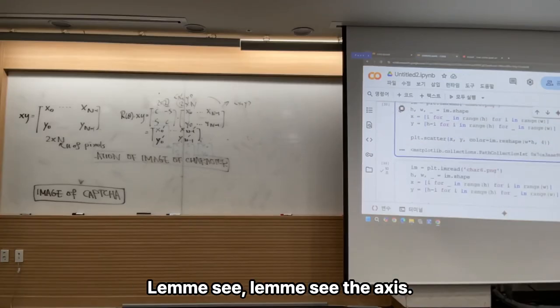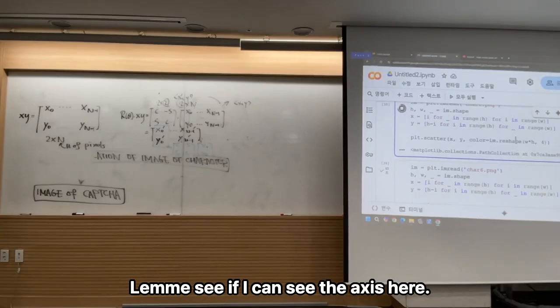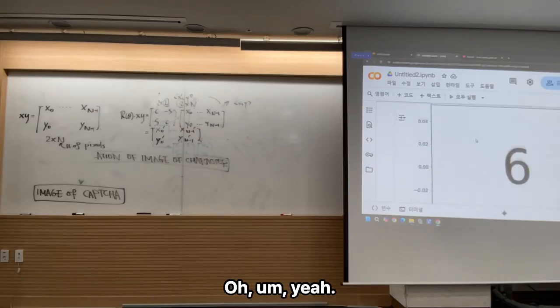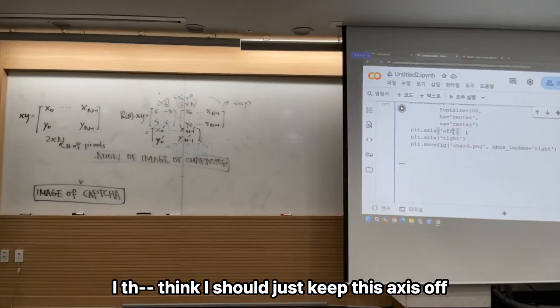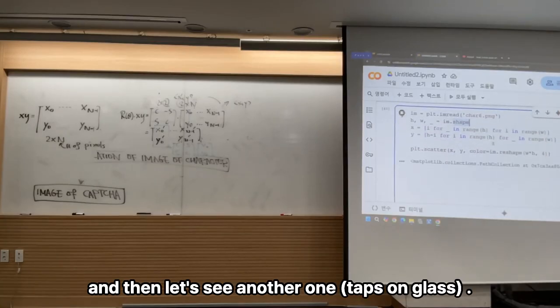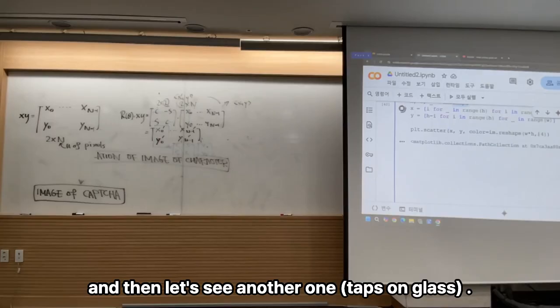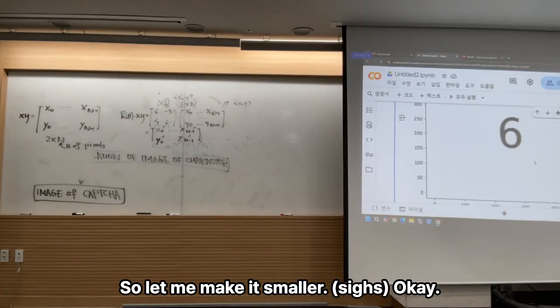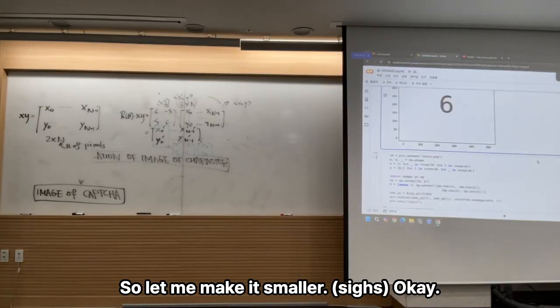Let me see if I can see the axis here. Oh, yeah, I think I should just keep this axis off, and then let's see another one. So let me make it smaller.